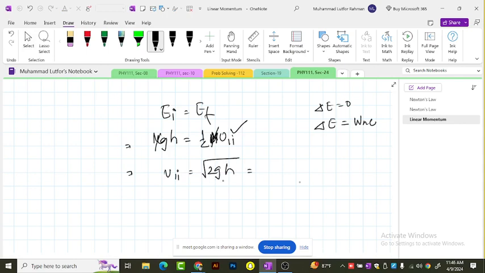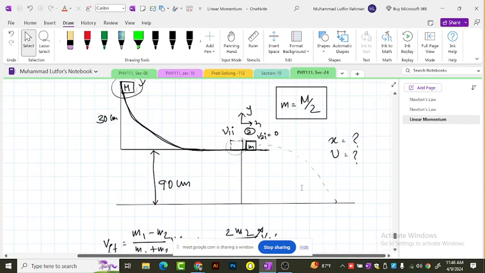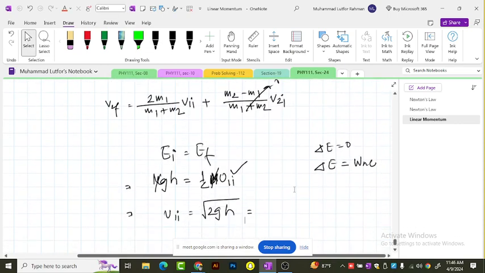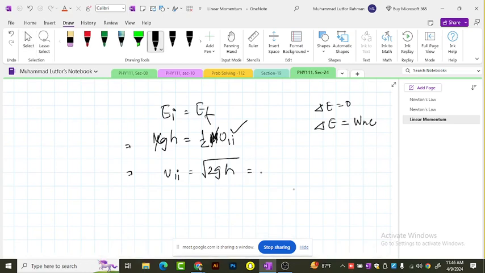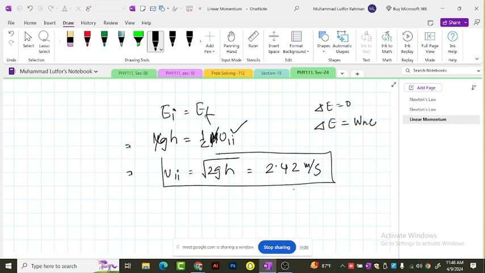I know g, which is 9.8. I know h, which is 30 centimeter. If you plug in those values, you will find V is 2.42 meter per second. That's the initial velocity of the block just before the impact.